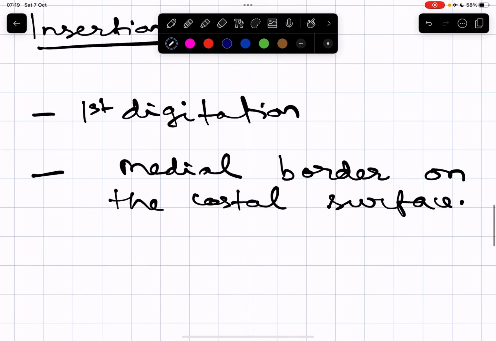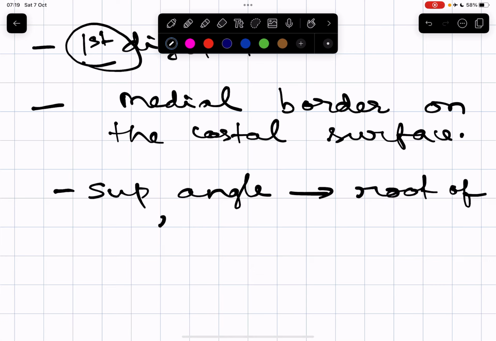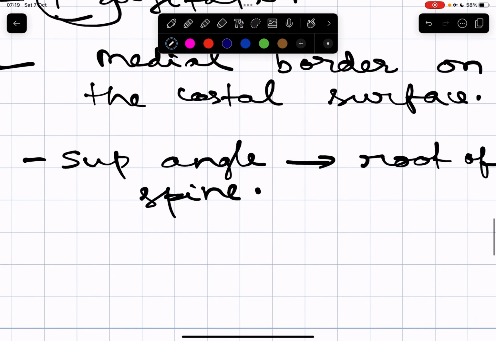Okay, that is clear. Now the first digitation is inserted from a point on the superior angle, extending from the superior angle to the root of the spine. So that's the insertion of the first digitation.